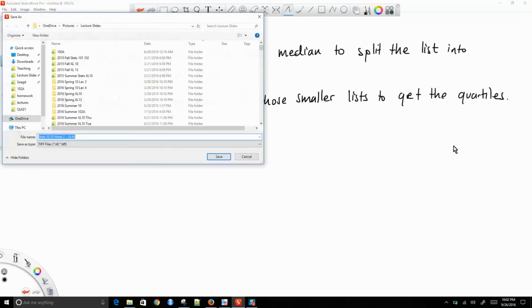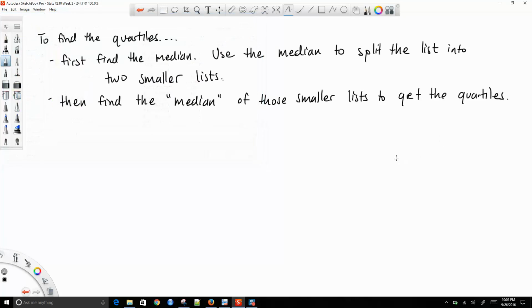All right, so let's say I just have some data here. So we have some people's ages. We got 20, 22, 24. So we're going to put these in order from least to greatest. Step 1, find the median.